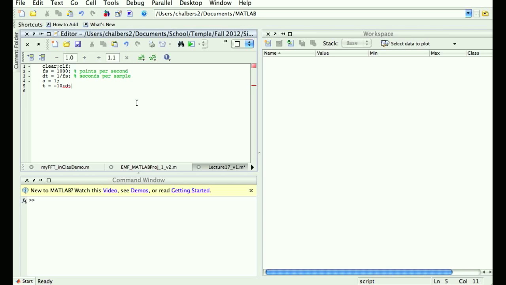So x equals 0 times t, and then x of absolute value of t less than a equals 1 over 2a. All right, let me just make sure this plot's right, and then I'll tell you what I did. Very nice. Axis, minus 10 to 10, 0 to 5.